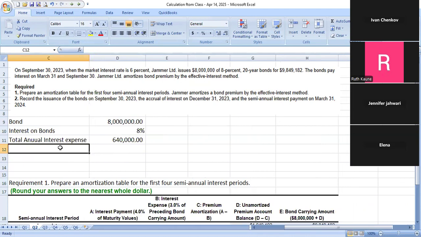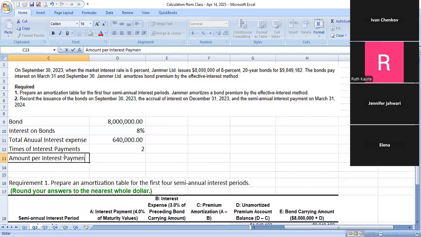So the total annual interest expense, times of interest payments, we're paying them 2 times. And the amount per interest payment will be this one divided by 2, correct?